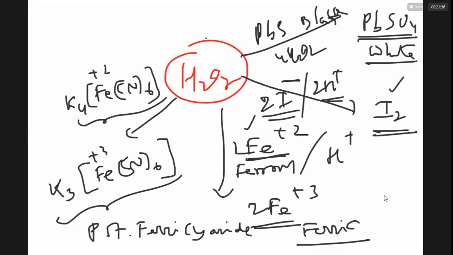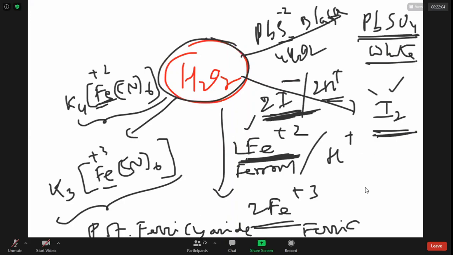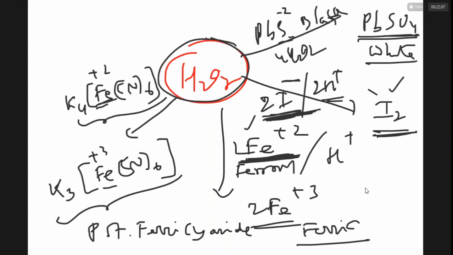In this case, it is taking away electron from sulfide. In this case, it is taking away electron from iodide. In this case, it is taking away electron from ferrous. Here also, it is taking away electron from ferrous. When ferrous is losing electron, you get ferric. When iodide loses electron, you get iodine. When sulfide loses electron, you get sulfate. In all these reactions, H2O2 is an oxidizing agent. A good oxidizing agent.